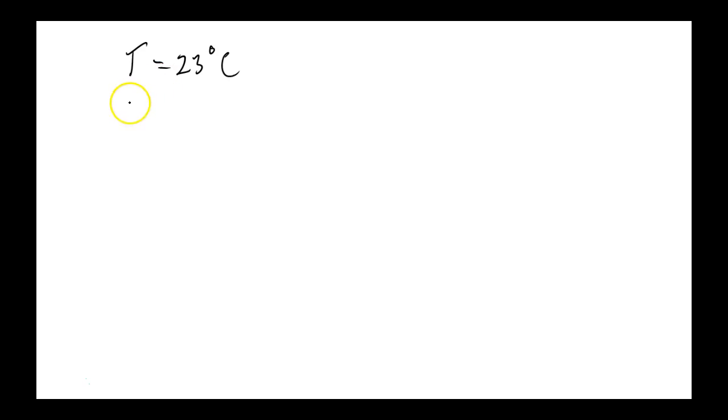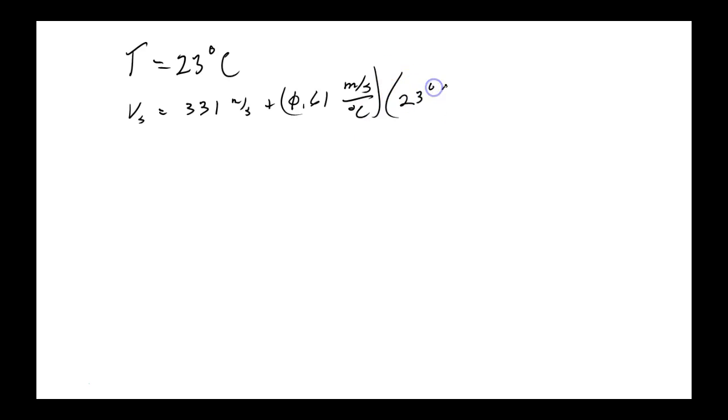We want to know the velocity of sound in dry air at that temperature, so we use the formula we had, which was 331 meters per second, plus 0.61 meters per second per degree Celsius, times 23 degrees Celsius.